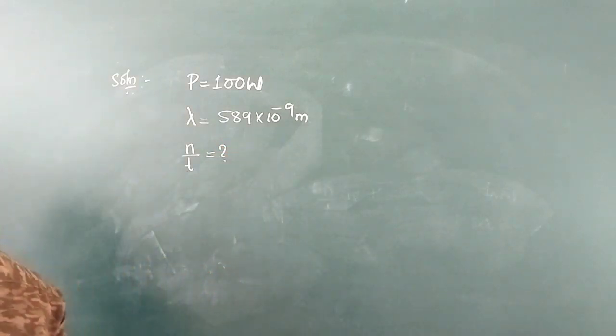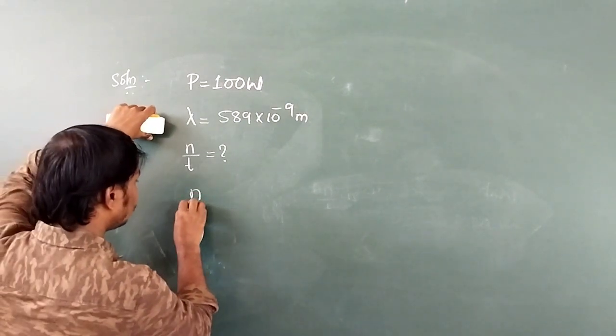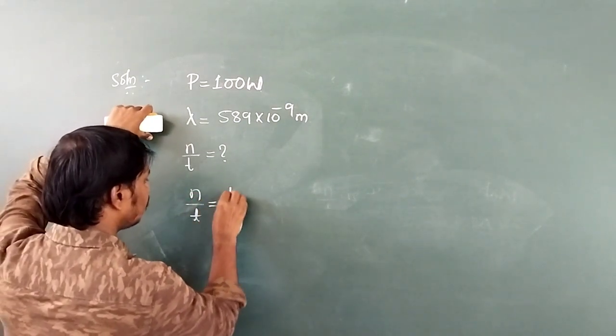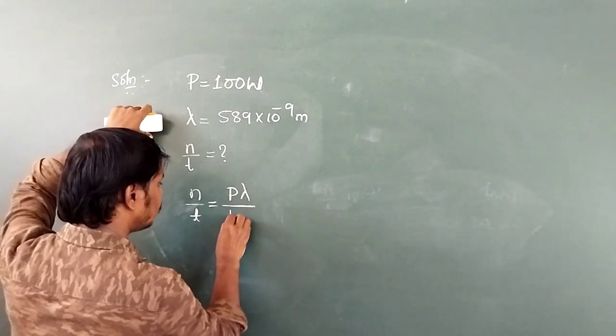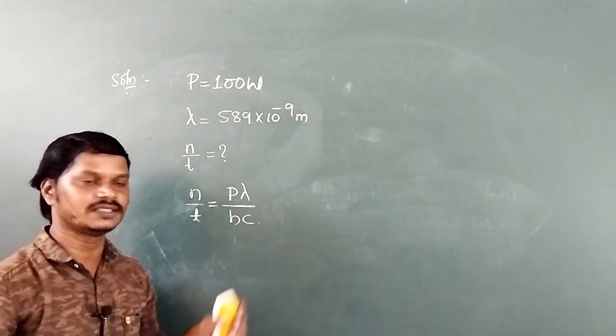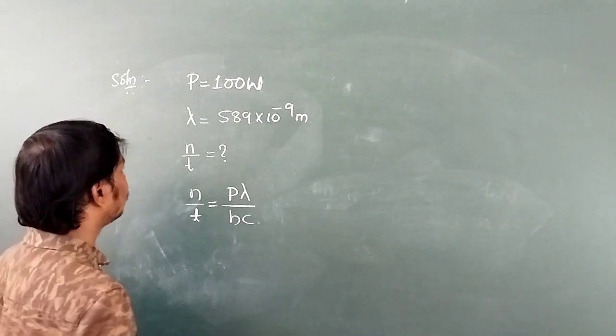See here, how to solve this question? By using the formula n by t is equal to P lambda divided by h into c, let us substitute the values.